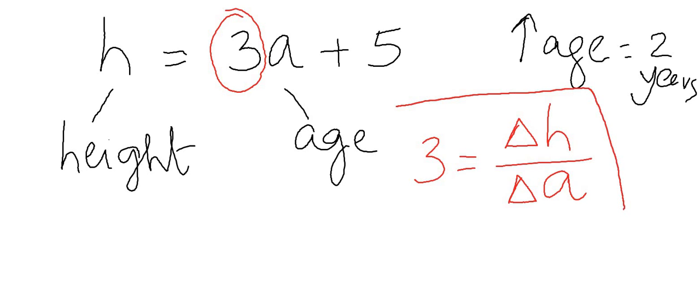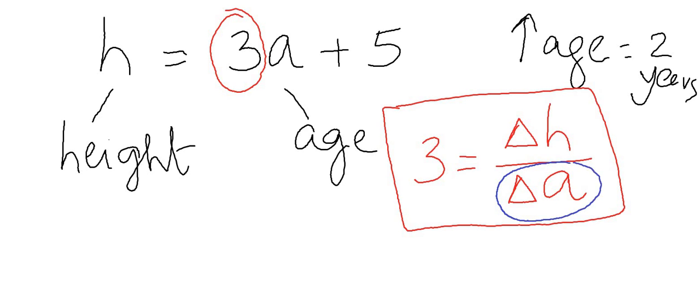So once you write that from that linear function, then if the change in a is given to you as 2 years, and you have to find out the increase in height, then all you are doing is 3 equals delta h over delta a, which is given to you as 2.